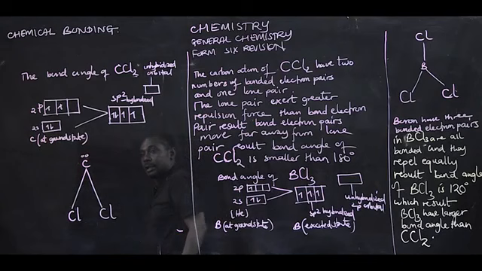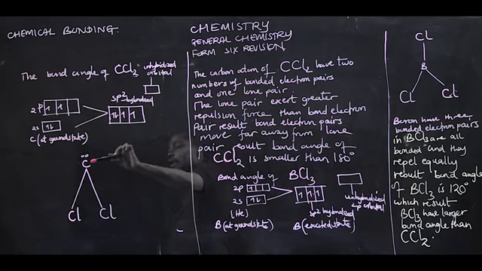According to valence shell electron pair repulsion theory, a lone pair exerts a greater repulsion force upon the two bond electron pairs. These two bond electron pairs move away from the lone pair to minimize repulsion force and to maintain chemical stability.